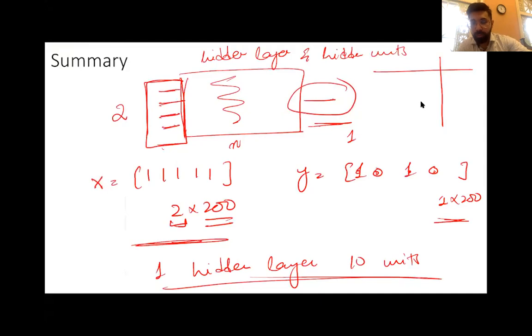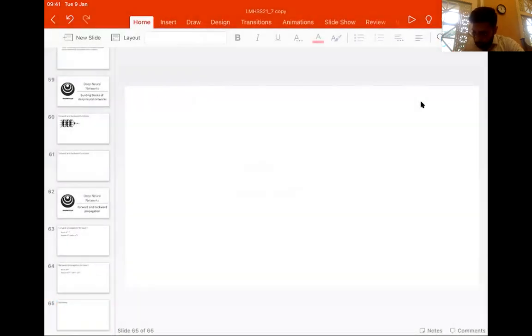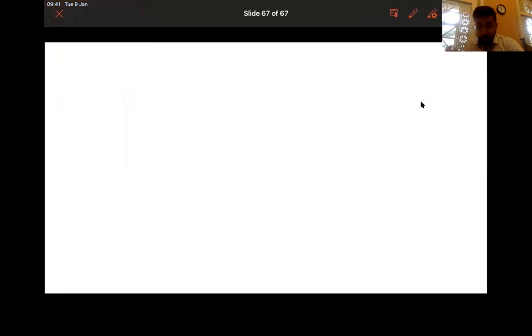So, what are the hidden units? Hidden units are the number of components in a hidden layer. So, for example, I'm going to draw the architecture for my current problem. In the current problem I have two input units, one output unit. And I have decided that I want to have one hidden layer. So I have a hidden layer here. How many units do I have in this hidden layer?